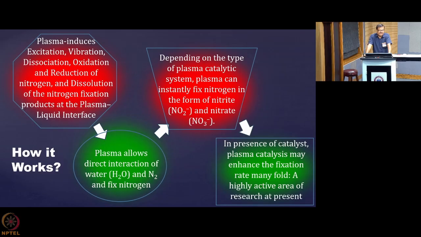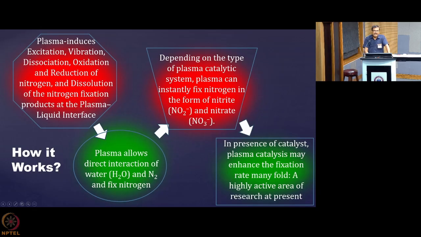Plasma induces excitation, vibration, dissociation, oxidation and reduction of nitrogen, and dissolution of the nitrogen fixation products at the plasma-liquid interface. Plasma allows direct interaction of water and nitrogen to fix the nitrogen.